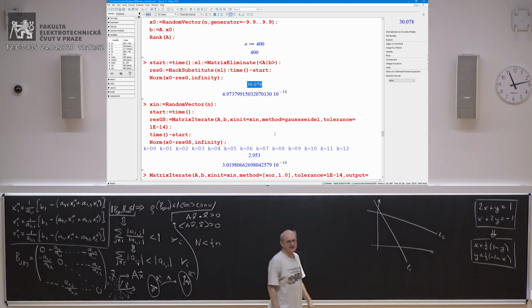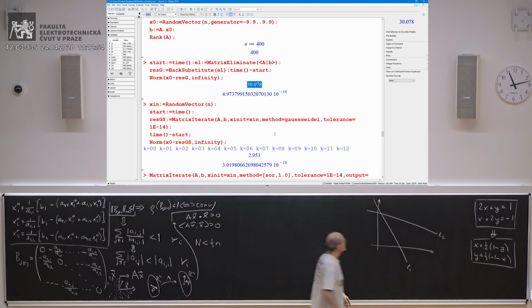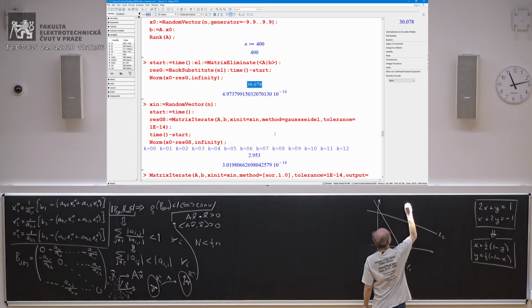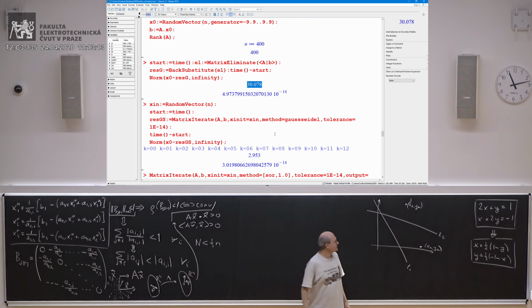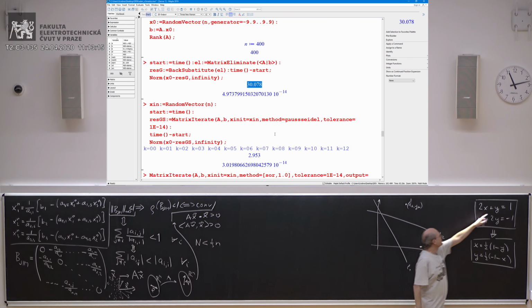Now, how do we interpret Jacobi iteration? We are sitting at some point xk, yk, let's say here. What do we do? Well, first we look at the first equation and determine x based on it.